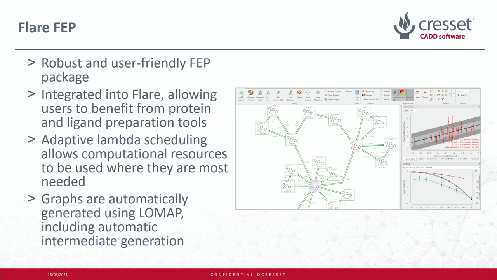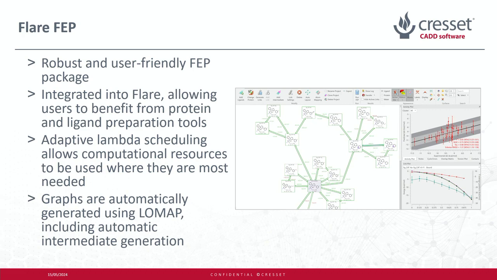Just to briefly give a bit of background on Flare FEP, which is what we're trying to add to with this project. It's a robust and user-friendly FEP package, which is integrated into the Flare molecular modeling package. That allows you to run FEP while benefiting from the protein and ligand preparation tools that are present within Flare.